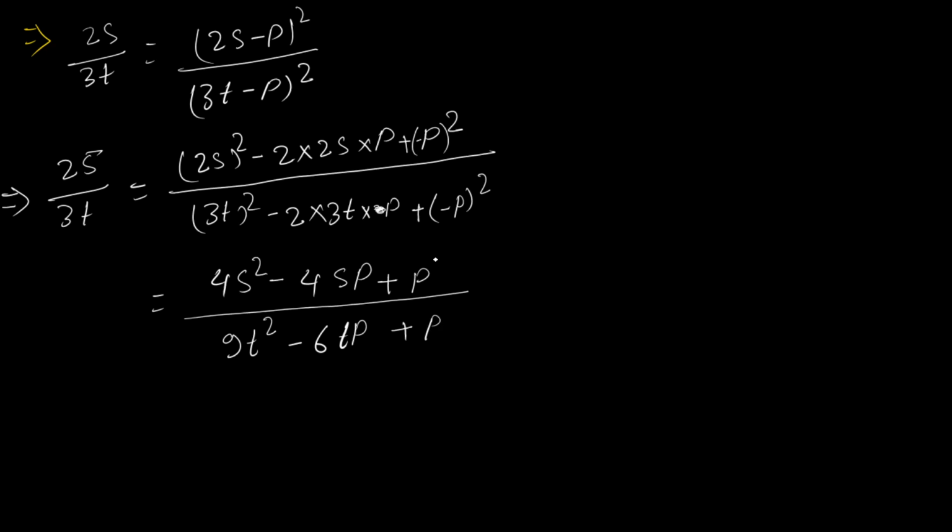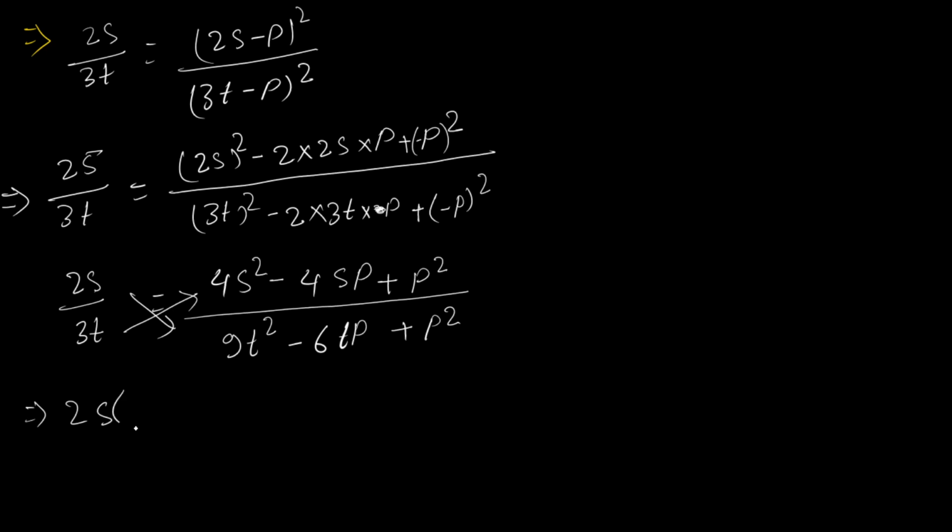p square and you have here 2s divided by 3t. Okay, now what you have to do is cross multiplication, your favorite ratio. We have been doing cross multiplication, sir.